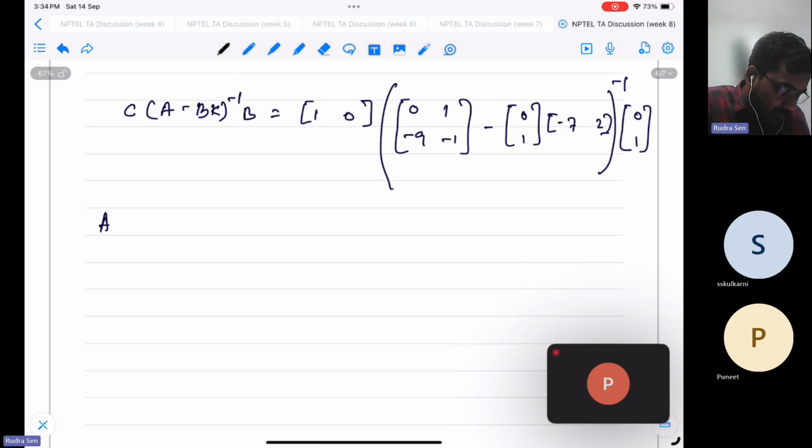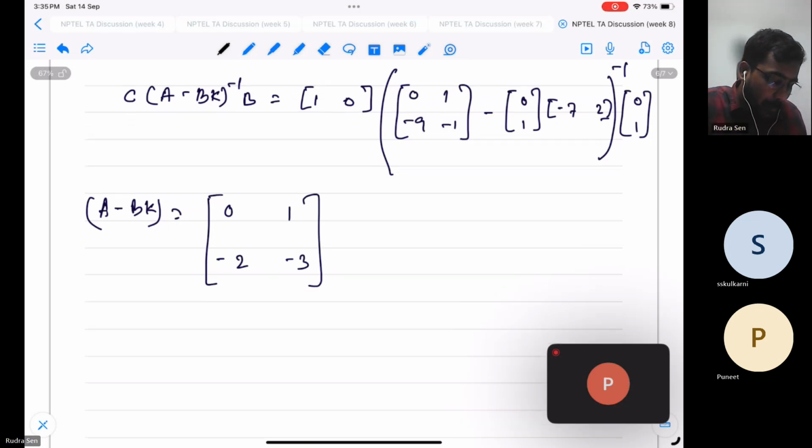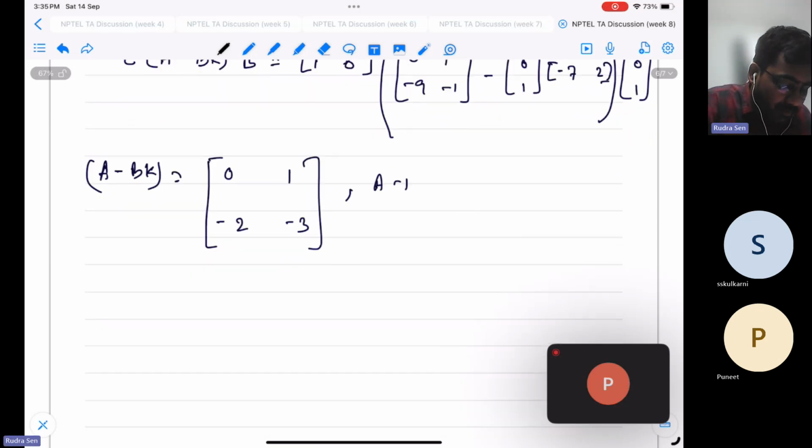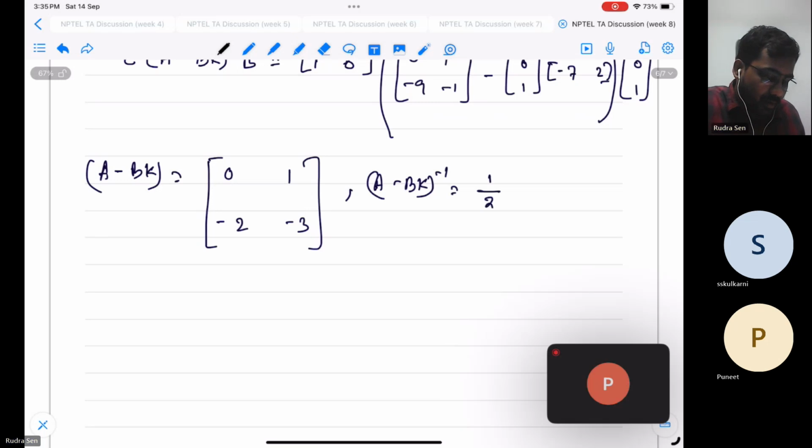So A minus BK inverse, what is A minus BK inverse? First of all, A minus BK, what is A minus BK? It's [0 1; -2 -3]. Therefore, A minus BK inverse is 1 by 2 times [-3 -1; 2 0].